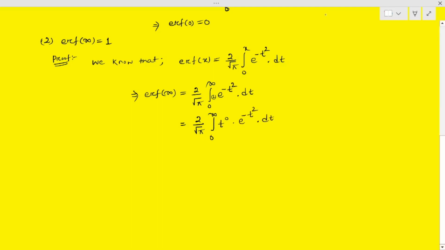So instead of 1, I have written t to the power 0, and this integral is nothing but your gamma function.